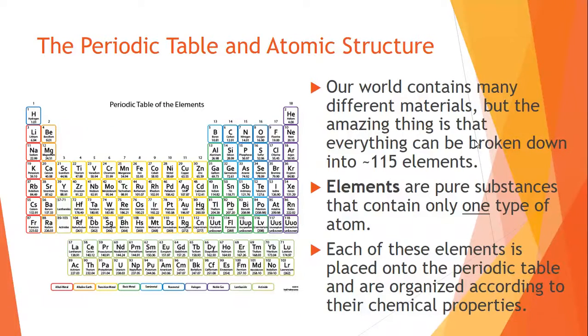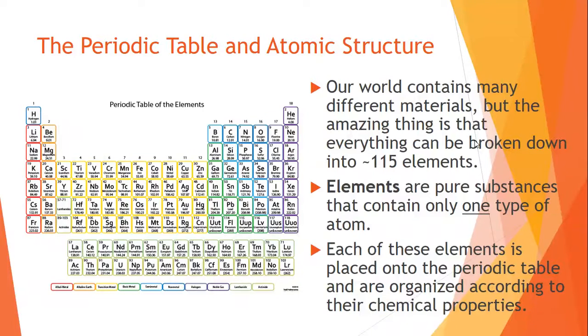And elements, if you'll remember, are pure substances that contain only one type of atom. So for example, if I had a lump of pure gold sitting on my desk, that lump of pure gold would only be made of gold atoms. Okay. If I had a jar of pure liquid mercury, right?